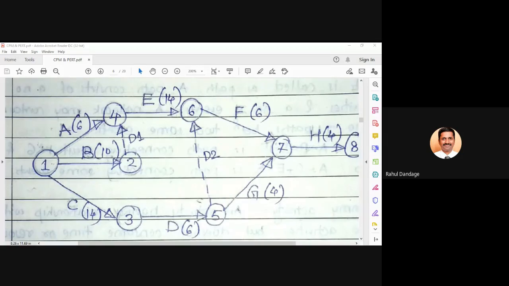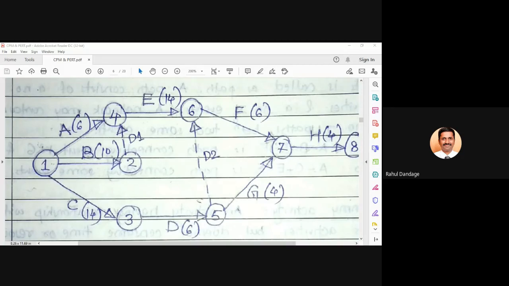Are there any dotted lines? Yes. Which are they? 2 to 4, yes, and 5 to 6, yes. They have been mentioned as D1 and D2, dummy activity number 1 and dummy activity number 2. These are the dummy activities.